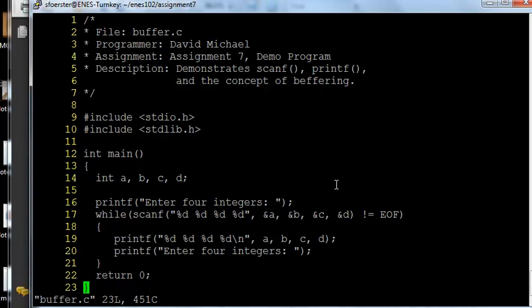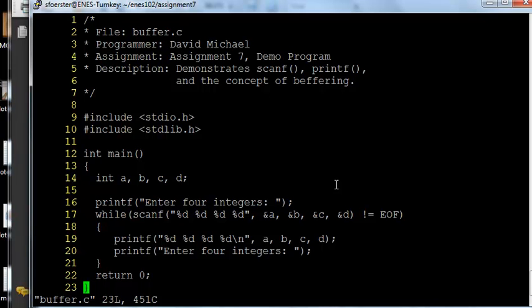It's returning 0. While scanf. Okay, so that's where the data is inputted. I mean, ours just has scanf, but he's got a while on the front with a parenthesis and then a not equals EOF on the end. Okay, so I want to write that down and type that into my program.